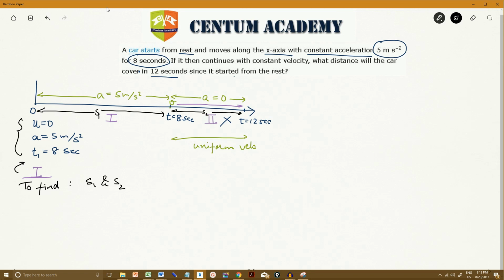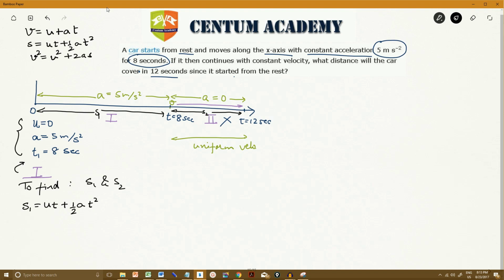In the case of s1, we know ut plus half a t square can be applied. Let's write the three equations which we know. v is equal to u plus at, s is equal to ut plus half a t square, and v square is equal to u square plus 2as.